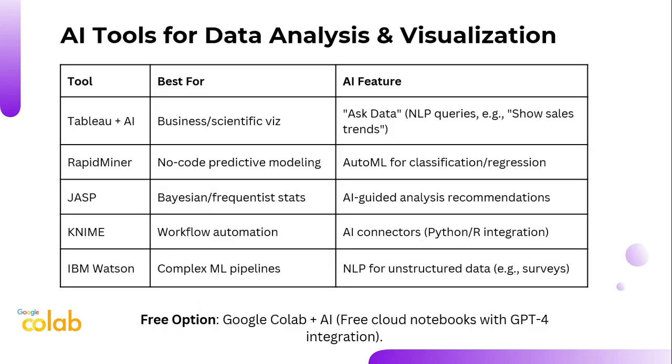Sometimes you have to analyze or visualize a lot of data, so Tableau and tools like that can be used. Being a non-circuit branch student, you can also think of shifting to some kind of WYSIWYG editor like the one I have here. Google Colab is a free option, but you have to learn some coding.